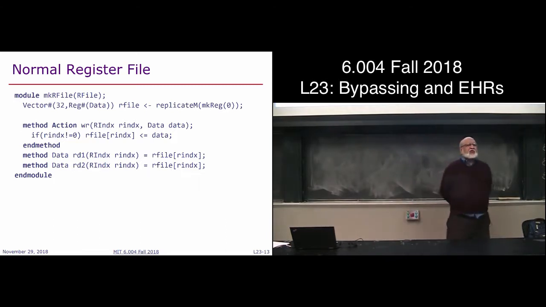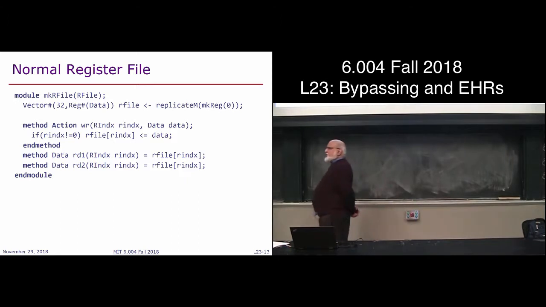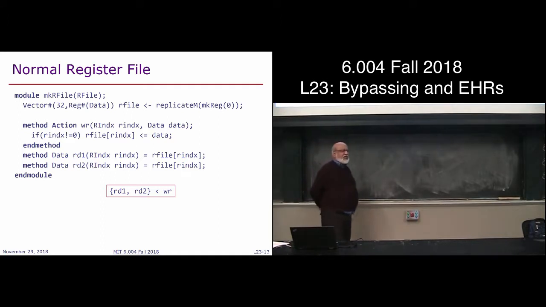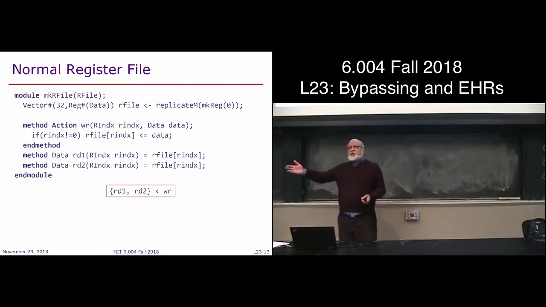Now, we can keep doing this to all kinds of modules. So we have a register file, right? And what is the normal view of a register file? That reads happen before writes. In other words, if I do simultaneous reads and writes, I read the old values from the register file, and whatever I write will be visible in the next cycle. Straightforward code to write.